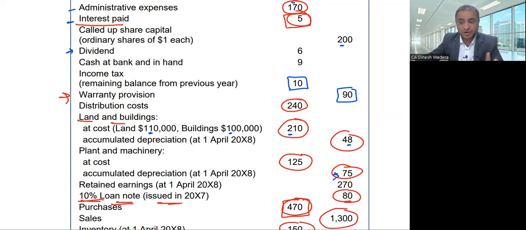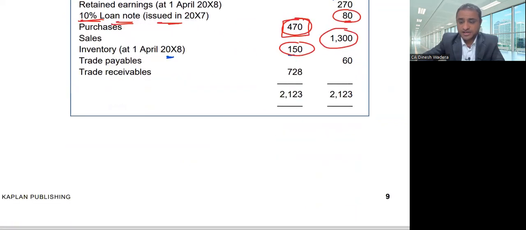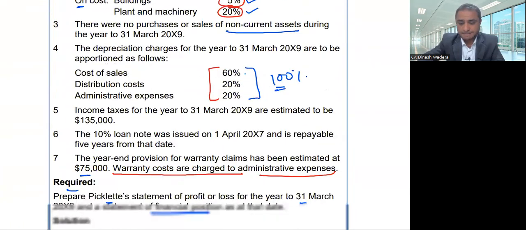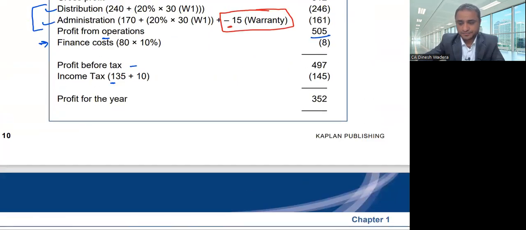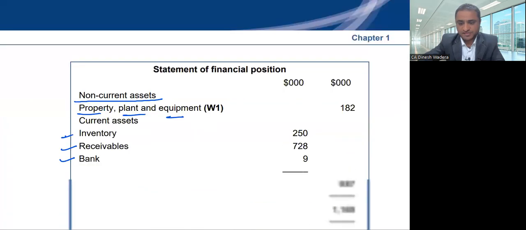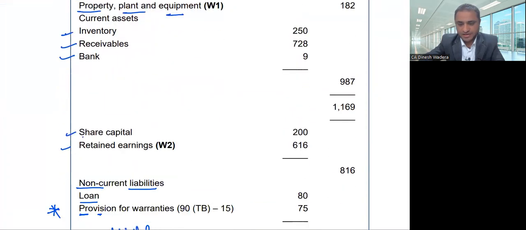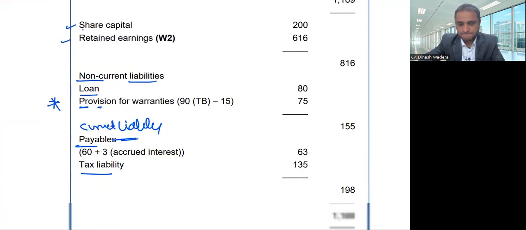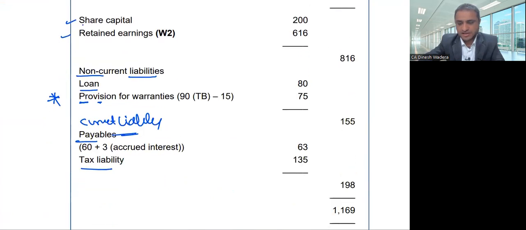My expense for the year should come to $8,000 or pounds, out of which I'm saying that I already paid 5, so 3 must be unpaid. So expense is 8, and if you look at the balance sheet, yeah, they have rightly shown the 3.